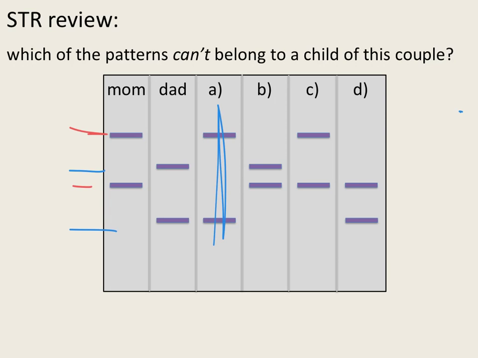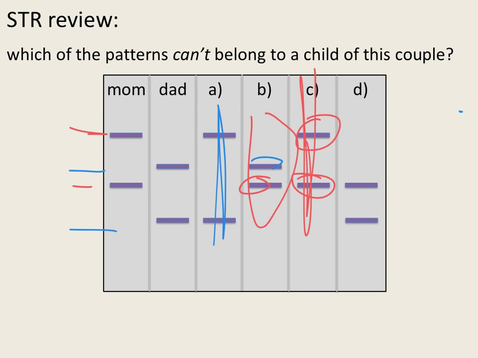This is dad's allele, and this is mom's allele, so that's good. This is mom's allele, and this is also mom's allele, so this can't be it.